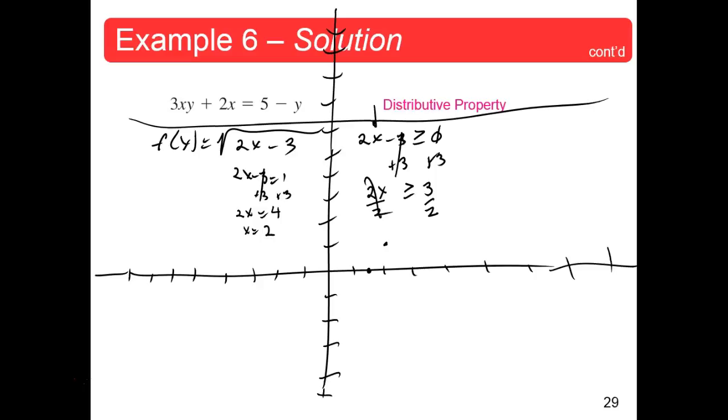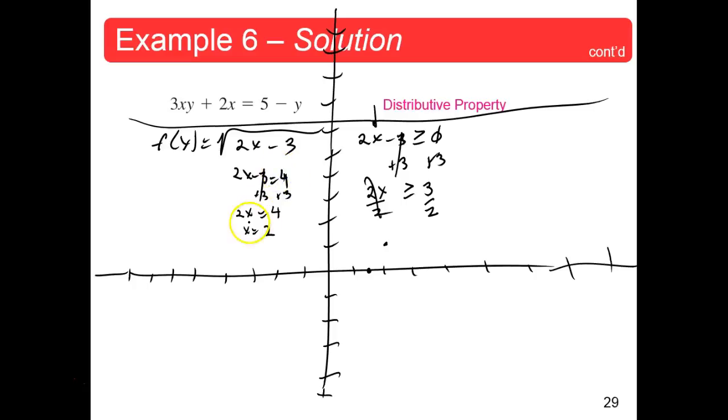What's the next value I want in here? Because I'm really lazy. We've done 0, we've done 1. What's the next value? It's really easy to take the square root of. What's your next perfect square? 0, 1. 2 is not a perfect square. 4. Okay, you want that to be 4. So this time I put this as a 4.